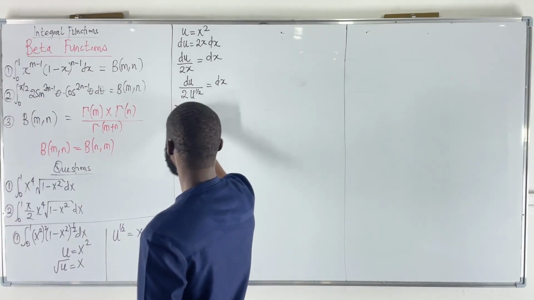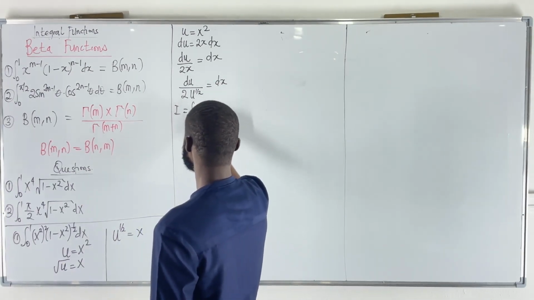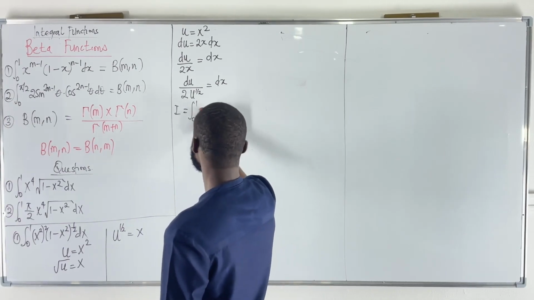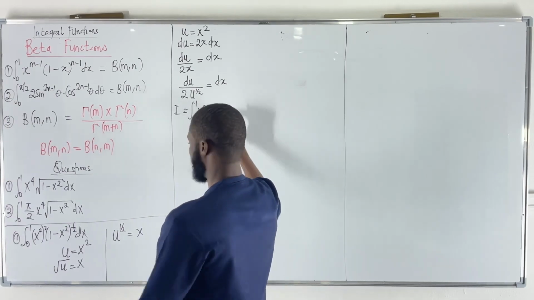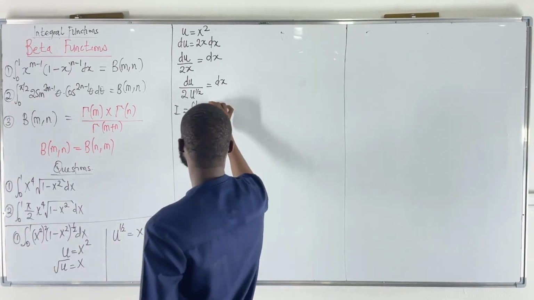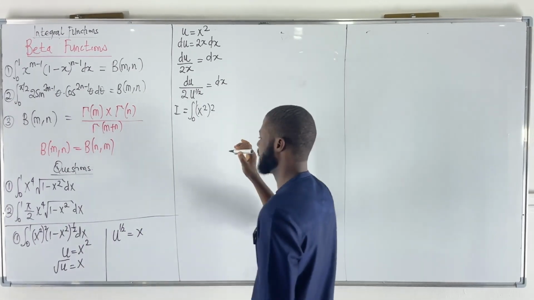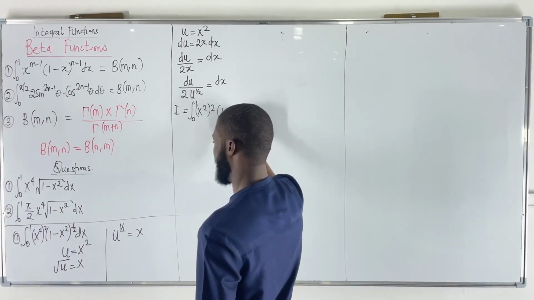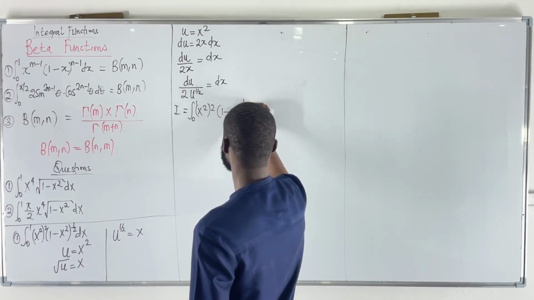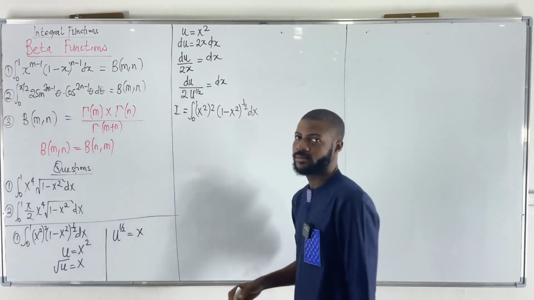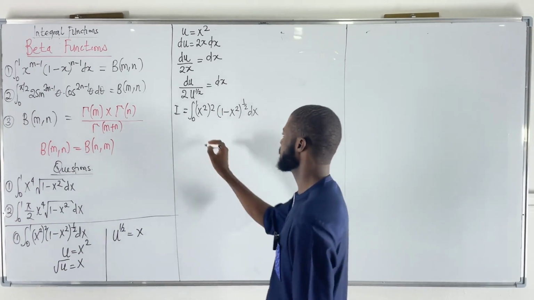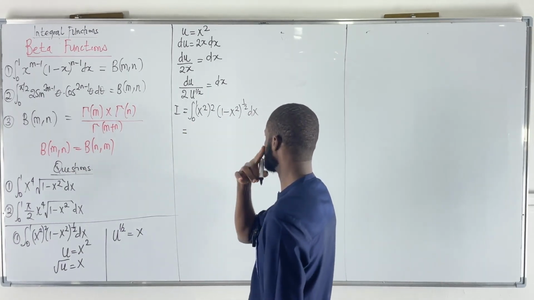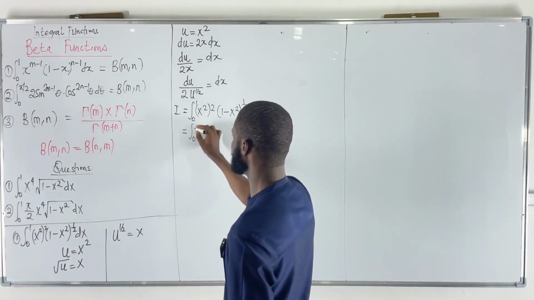So our integral I is equal to the integral from 0 to 1 of x squared, all squared, and then 1 minus x squared to the power of 1 over 2, dx. Like I said, it's just still the same thing. So this is equal to the integral from 0 to 1.